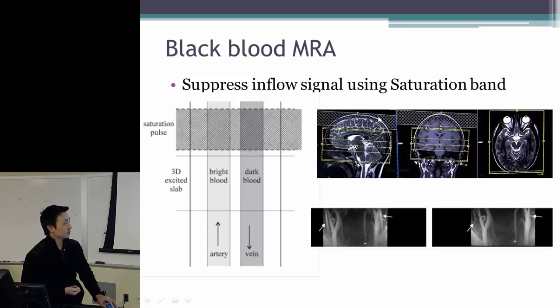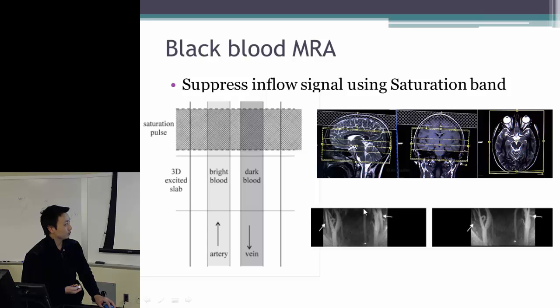So here is usually the setup. The yellow box shows the 3D imaging slab, and we have put a saturation band above it, so that we can saturate all the venous signal. So this is one example.